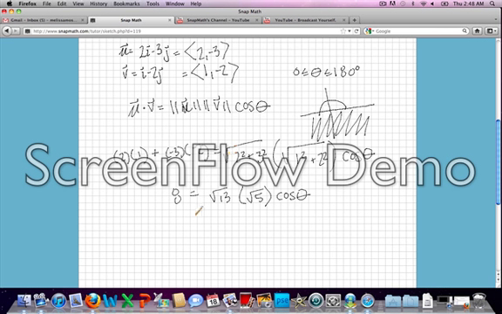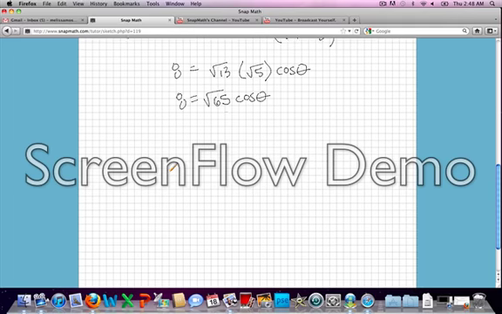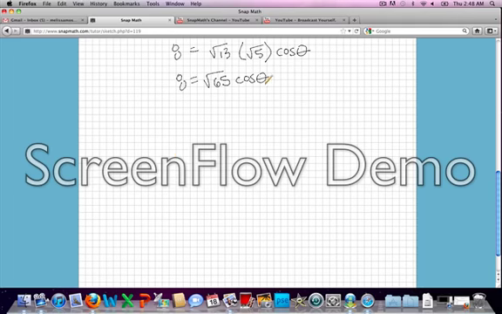Simplifying again, I get 8 is equal to the square root of 65 times cosine theta. So I have nothing else to solve for in this equation except for cosine theta now, which is exactly where I want to be. I am now going to solve for cosine theta, and I find that cosine theta is equal to 8 over the square root of 65.